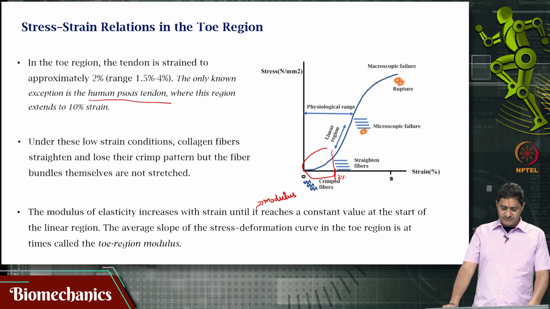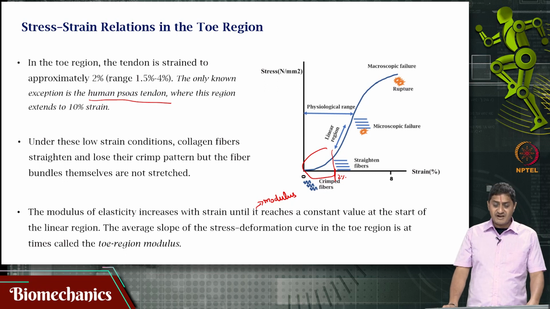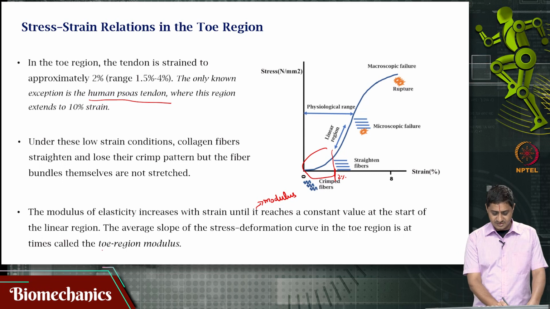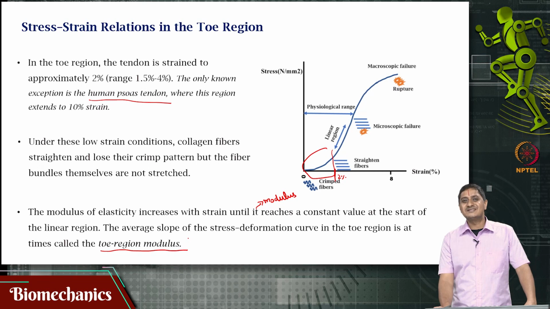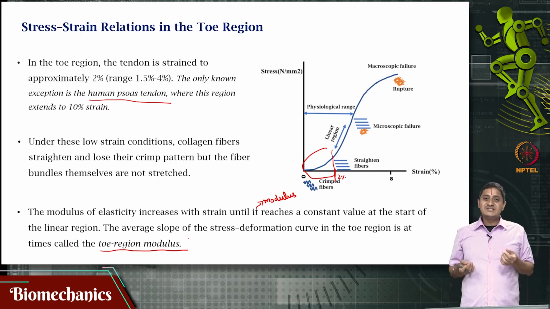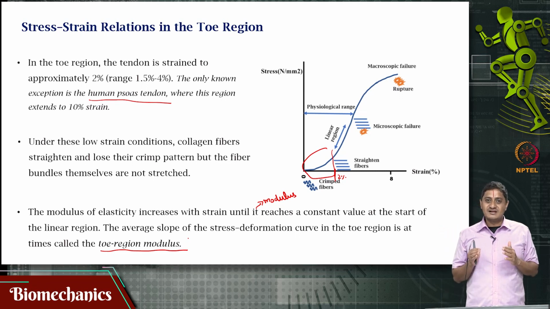So, if I try to find the average slope of the stress deformation curve in the toe region, in the nonlinear region, this is sometimes called the toe region modulus. Remember, the toe region modulus is not constant, it changes with deformation, but I can find the average or median and say that this is approximately the modulus in the toe region, but that is going to be a misrepresentation of the complex reality.